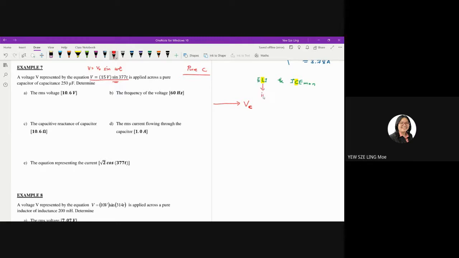L is inductor, C is capacitor. So E right here is EMF, or in other words, you can say it is V. And I here, of course, is the current I. So we have V and I in both.